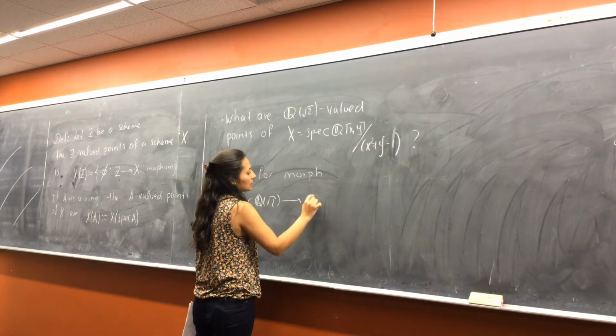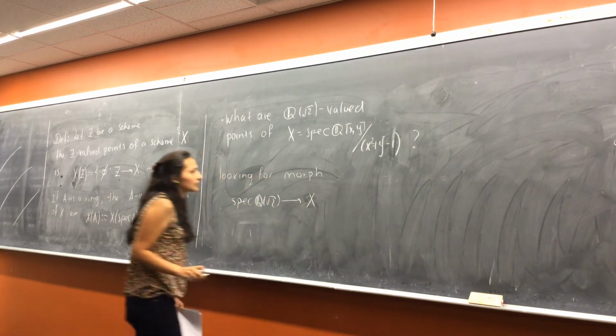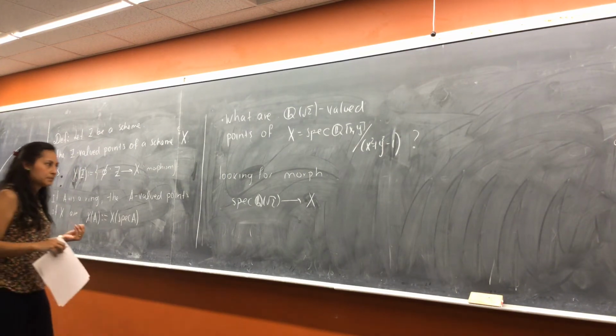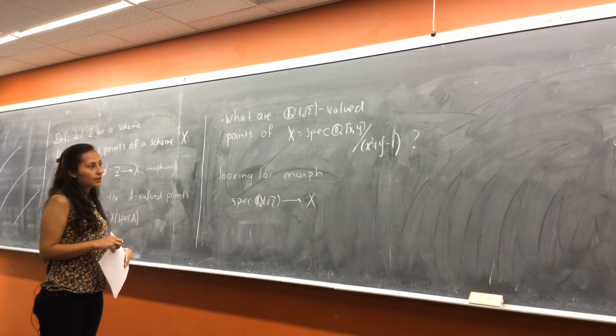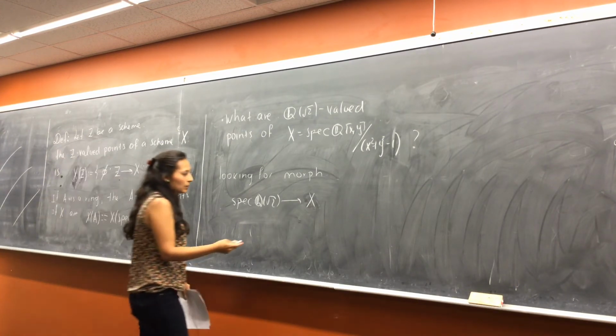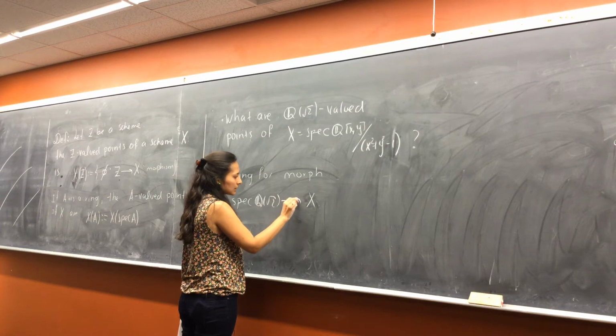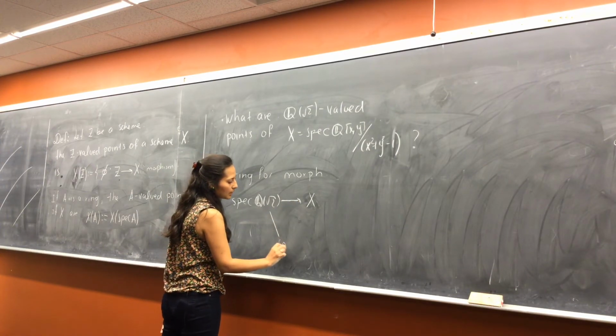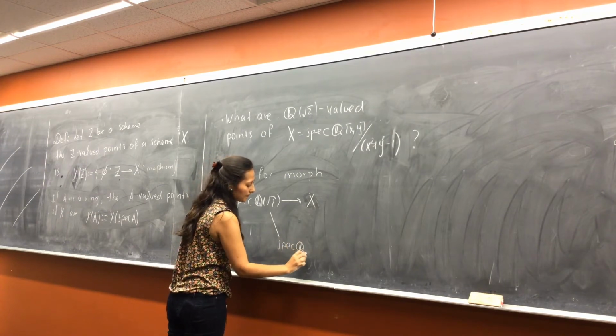But these schemes have a particular structure: they are also Q schemes. So we will look at these maps, but let's respect the structure that both of them are Q schemes.